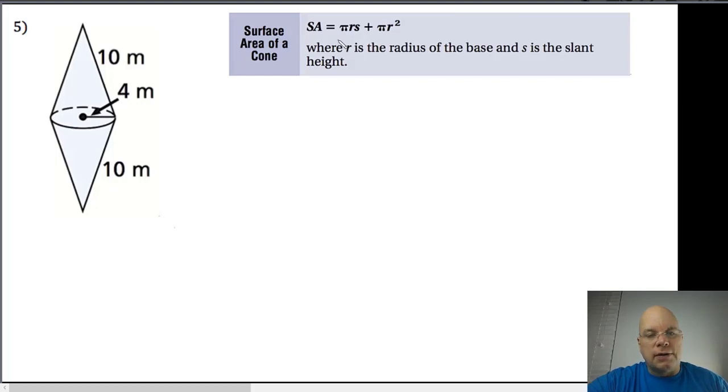So you have to modify this formula in a way to take into account that not every piece of this formula is included in the surface of this composite shape. So I want you to think about those things and try to find the surface area of this composite three-dimensional figure, and then come back and see how you did.